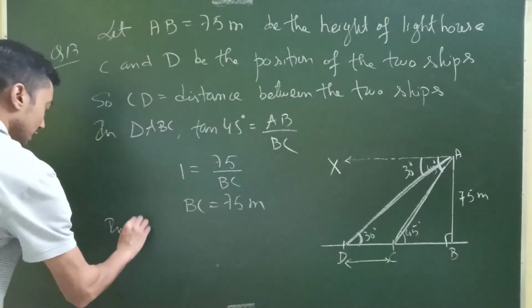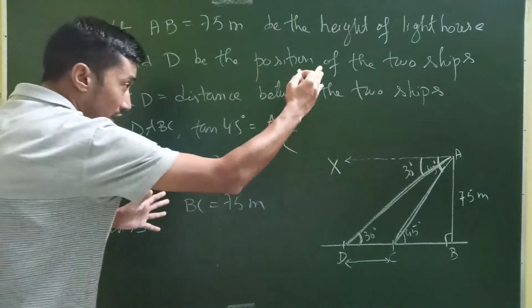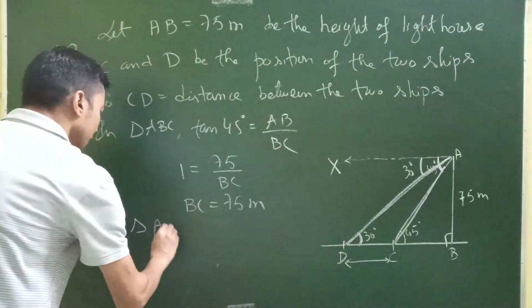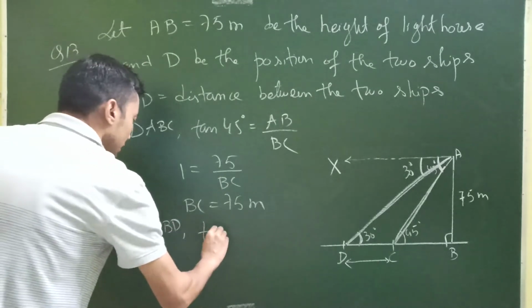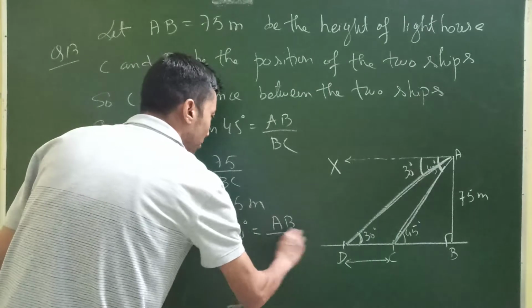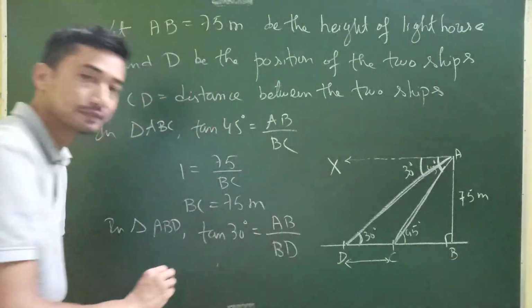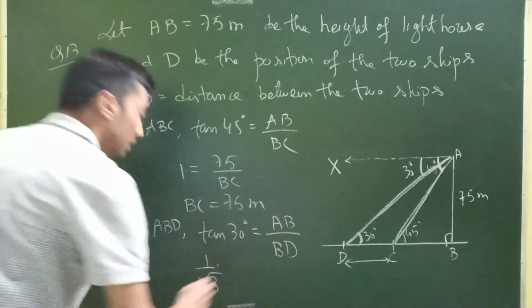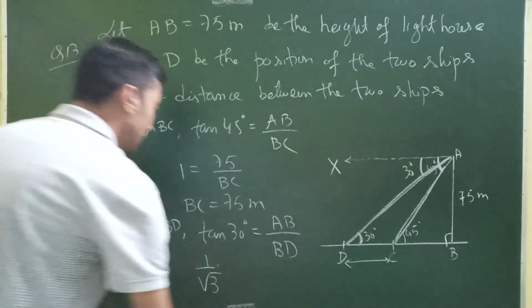Then moving on to the next triangle, that is the bigger triangle, ABD. Tan of 30 degree is equal to AB by BD. What is tan of 30? It is 1 by root of 3.